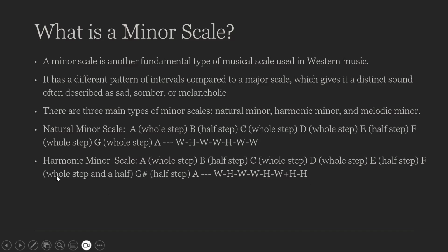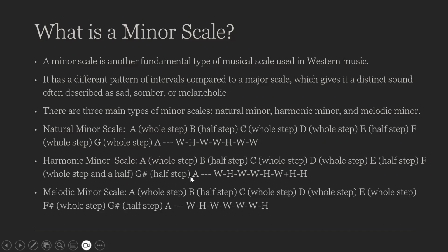So it gives us a tone and a semitone, which means 1.5 tones. Then G sharp to A gives us a semitone. So that is the pattern of intervals in harmonic minor.